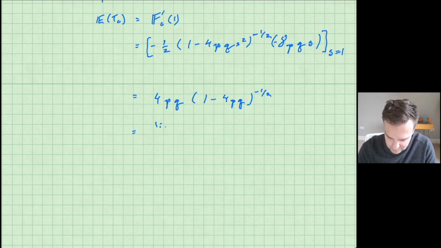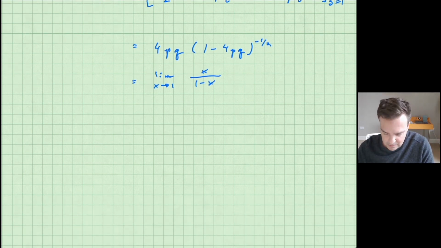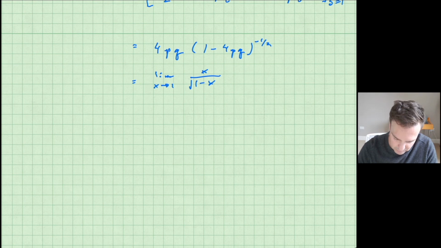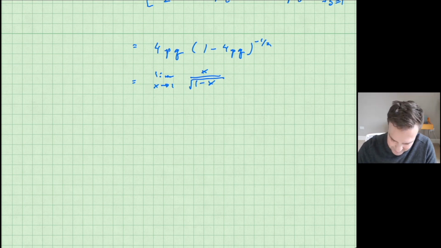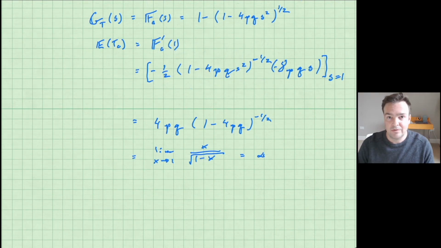It looks a little funny then. We want to look at the limit as x goes to 1 of x over the square root of 1 minus x. The square root is important. And that's infinite. So that's all we're going to say about random walk problems.